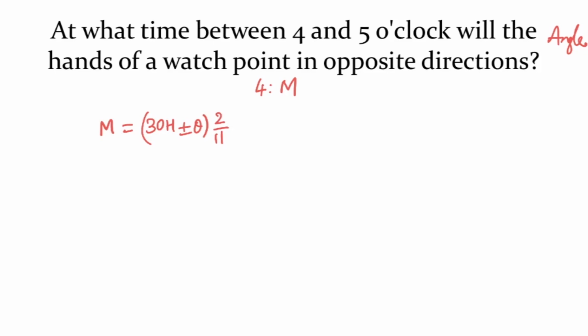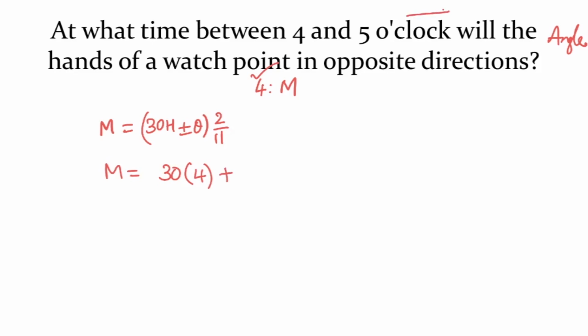30h plus or minus theta into 2/11. And which case is correct? Do we need to use plus theta or minus theta? I'll explain here. The number of minutes is required. M is equal to 30 into hours, 4 hours completed, plus theta.